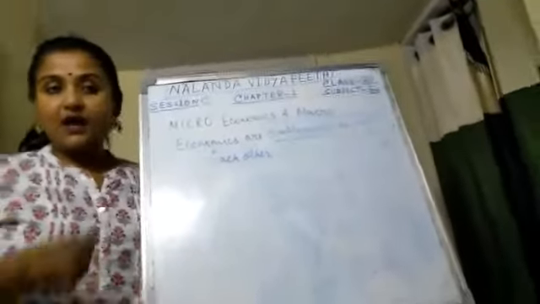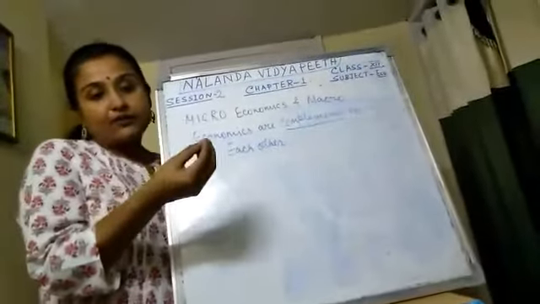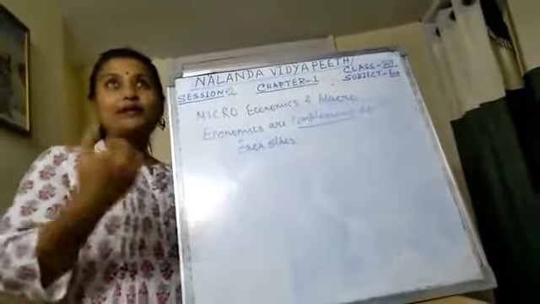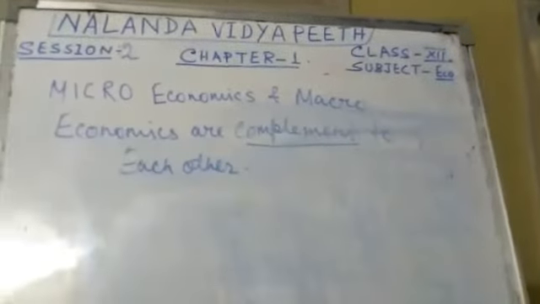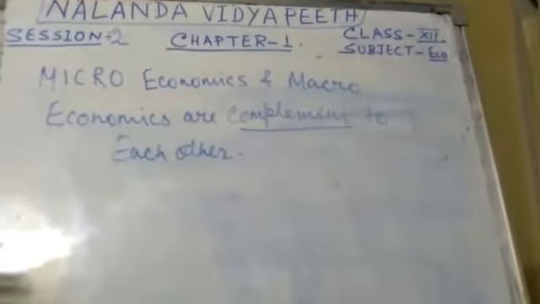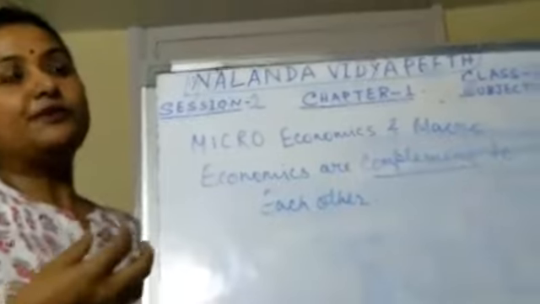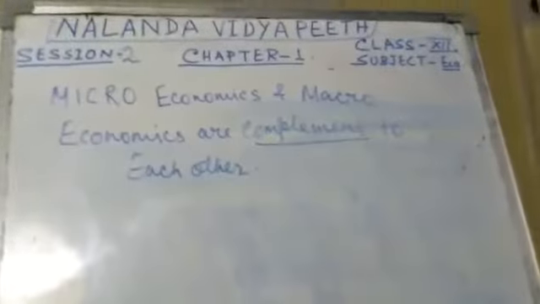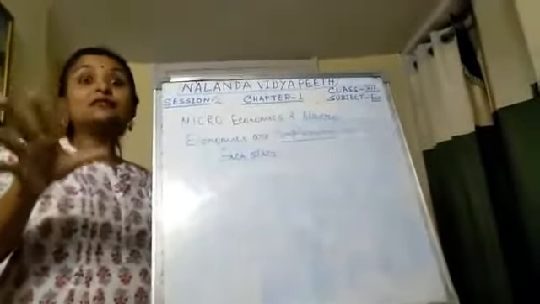Now students, macroeconomics deals with the whole economy, and to make the whole economy optimum, or to make the economy as a whole flourish, we need to deal with the individual. Similarly, for an individual person to grow, or to earn more wages, interest or rent, we need a good economic system as a whole.